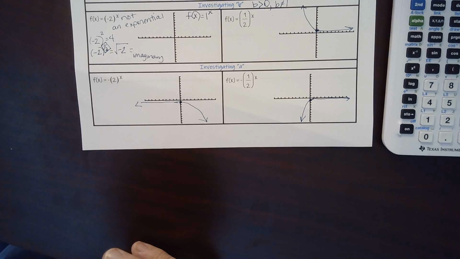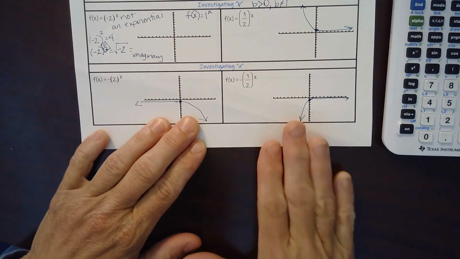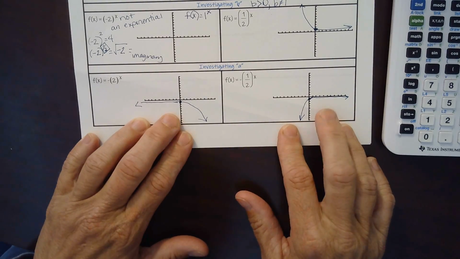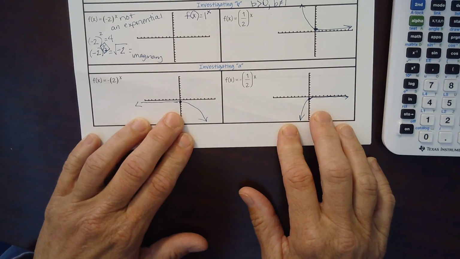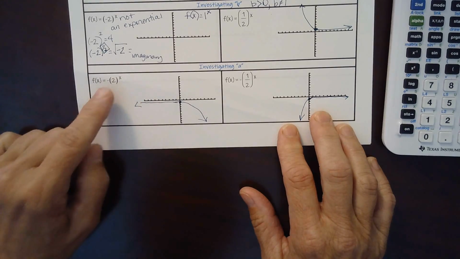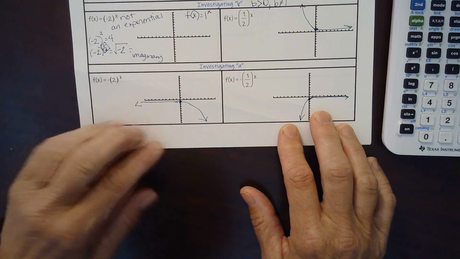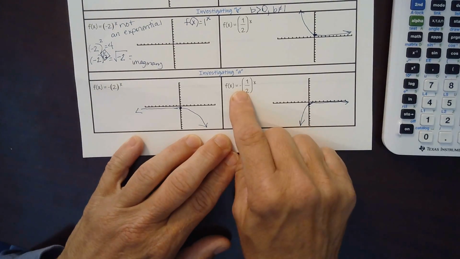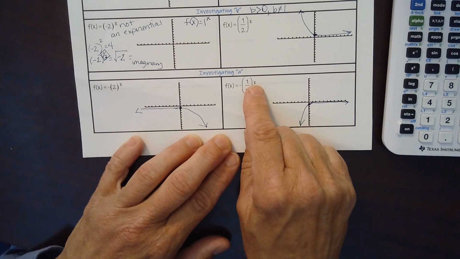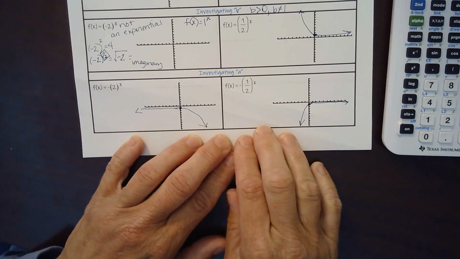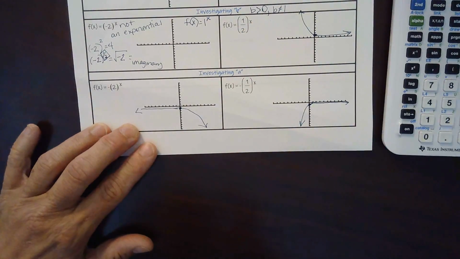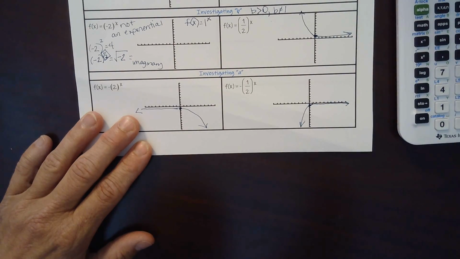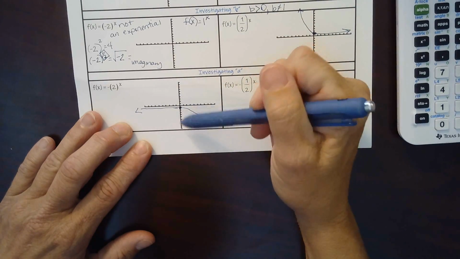Okay, so now hopefully when you graphed each of these functions, you ended up with a graph that looks like this. Now, if you compare the opposite of 2 to the x with 2 to the x, and if you compare the opposite of 1/2 to the x power with 1/2 to the x power, hopefully you notice that there's been a reflection, and the reflection is across the x-axis.